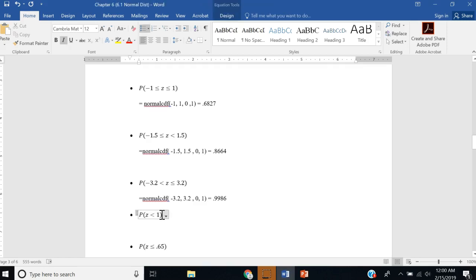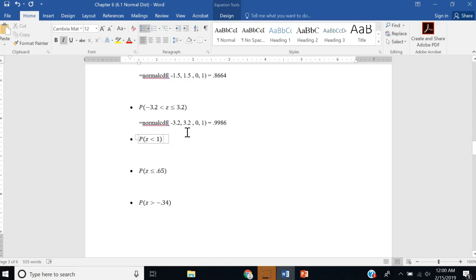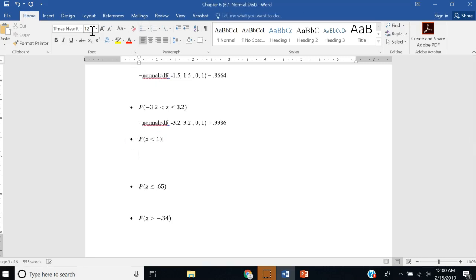We're trying to find the probability that z is less than 1. I'm going to increase the font just a little bit. So how I would do that is I would do normal CDF. My lower bound, again, it should be negative infinity, but what I'm going to do is put negative 10 million.